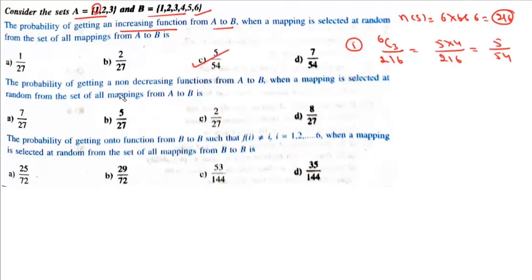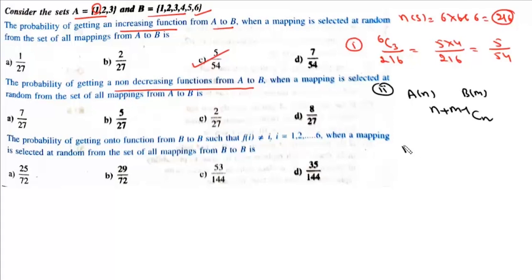Now the second one is the probability of getting a non-decreasing function from A to B when a mapping is selected at random from the set of all mappings. Non-decreasing or non-increasing mappings, we have already studied in one of the previous videos. The fundamental is, if we have two sets A and B, A containing n elements and B containing m elements, then the number of non-increasing or non-decreasing functions is given by n plus m minus 1 Cn.